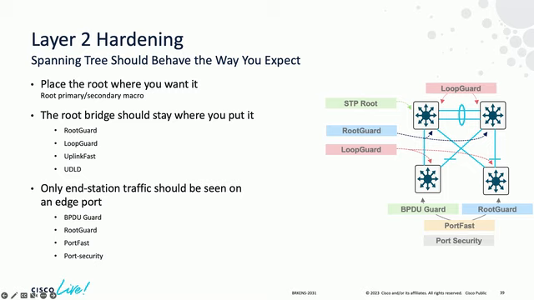BPDU guard, in a situation where suddenly we start to receive BPDUs on an access port where we don't expect to receive any BPDUs, will just put the link into error disable state, which means that we either have to have an auto error disable recovery timer configured, or we will have to get into a car, drive to the other side of campus, and re-enable the port if the situation of putting the port into error disable happens at some remote location.